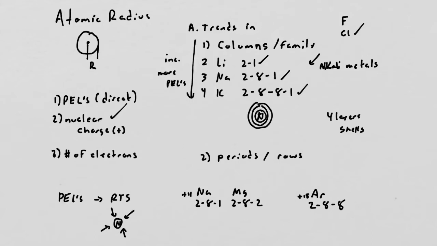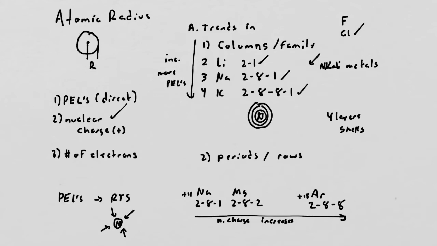Now this is an indirect relationship. Whenever you go across in a row, the radius will always get smaller. And the reason why it will get smaller is because while the principal energy levels remain the same, the nuclear charge increases. And this draws the electrons in those energy levels closer to the nucleus.